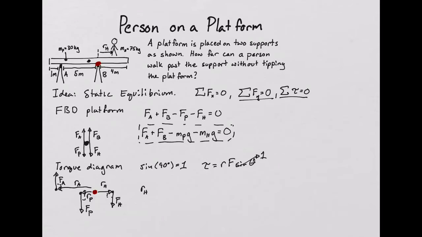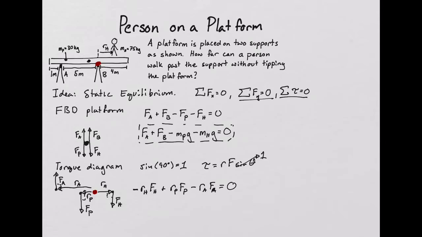So R_H times F_H. And this is going to tend to twist the system in a clockwise direction. So I'm going to make that negative. Then plus R_P, F_P, where I chose plus because it will tend to twist it in the counterclockwise direction. And finally, minus R_A, F_A, all equal to 0.